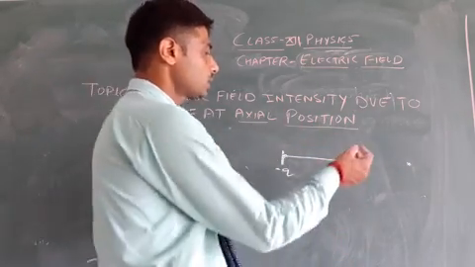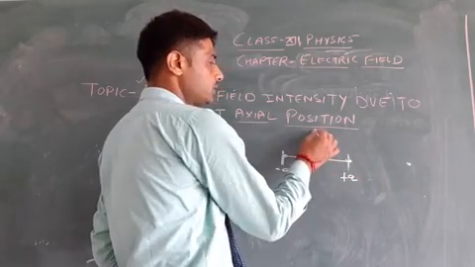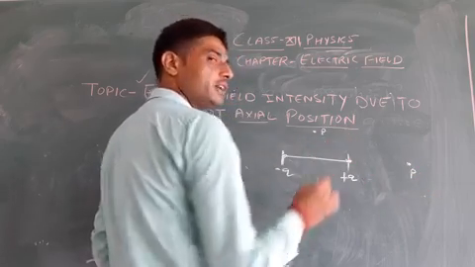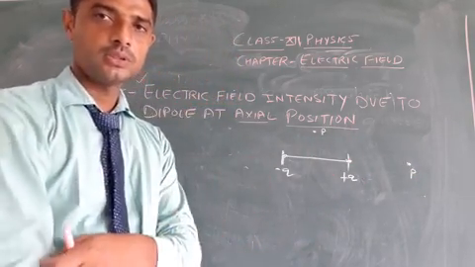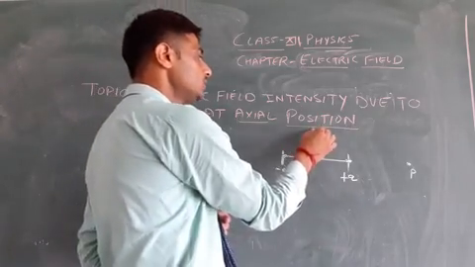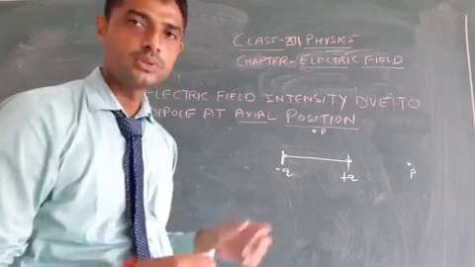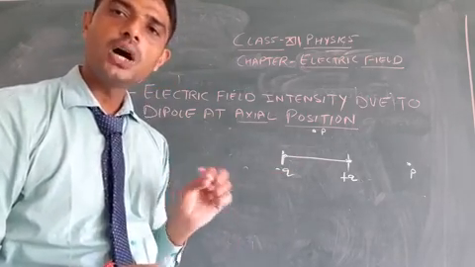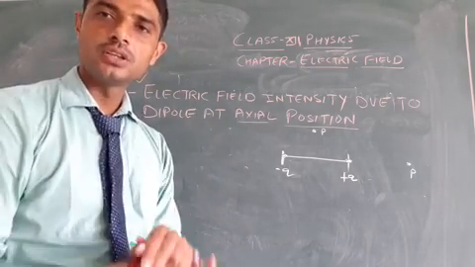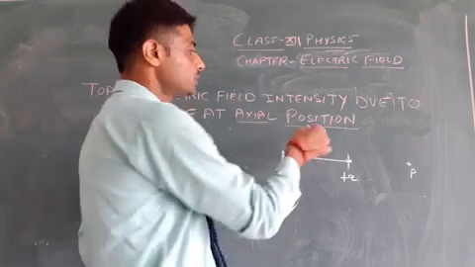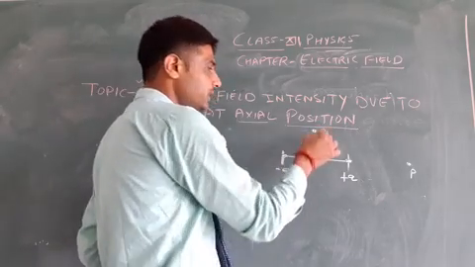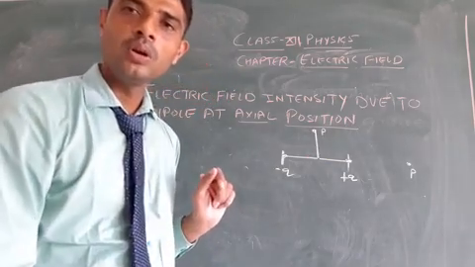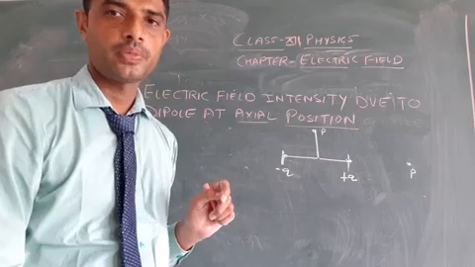Second, the position of point P, this is known as the equatorial position. This point is vertical to the dipole. It means if a perpendicular is drawn from the point, then it intersects the dipole normally.